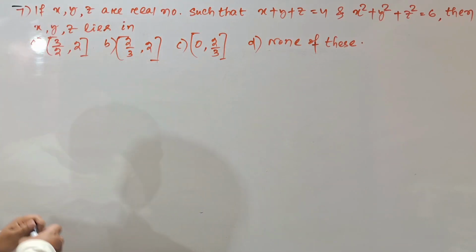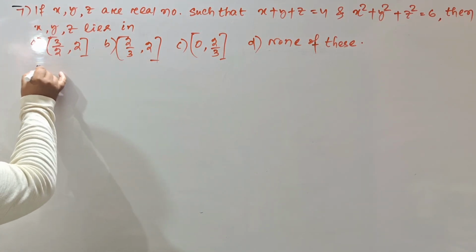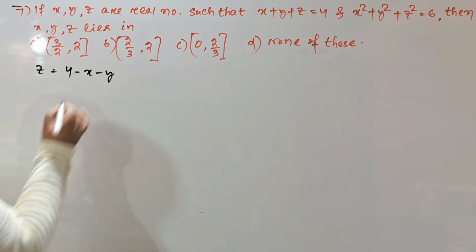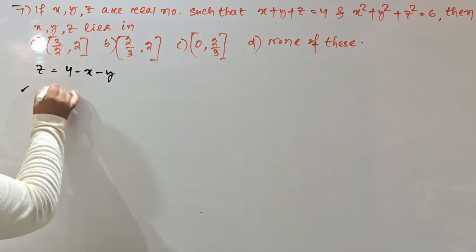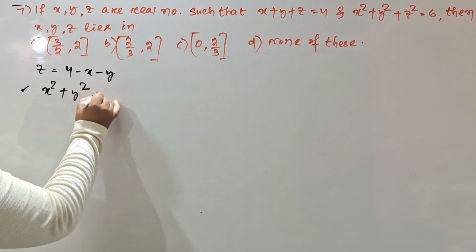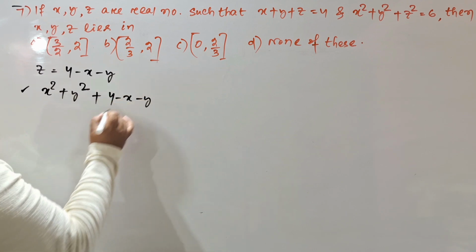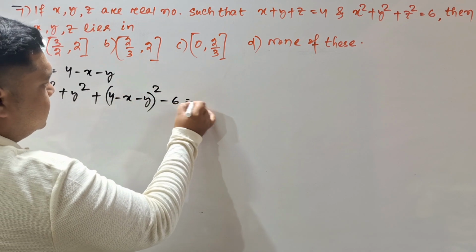Clear? So here I will follow a few steps, just to visualize. Here z can be written as 4 minus x minus y. Then I put the value of z here. It is given x square plus y square, in place of z square I put (4 minus x minus y) whole square, minus 6 equal to 0.